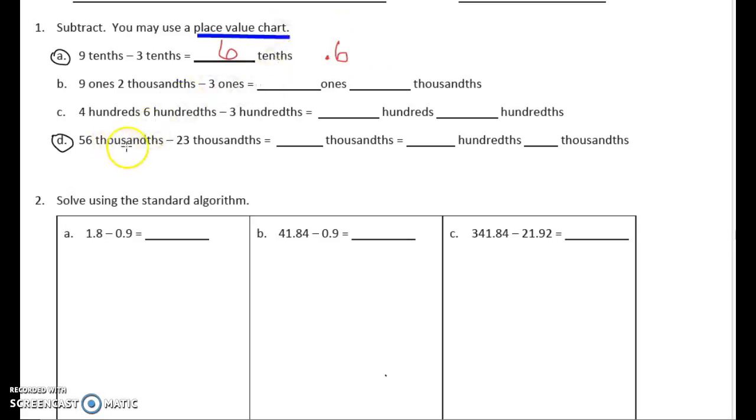The next one we're looking at is more complicated. 56 thousandths minus 23 thousandths. Now I'm not going to expect you, if you're using a place value chart on something like this, to make 56 dots and then cross out 23 dots.